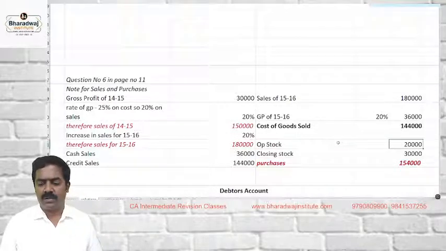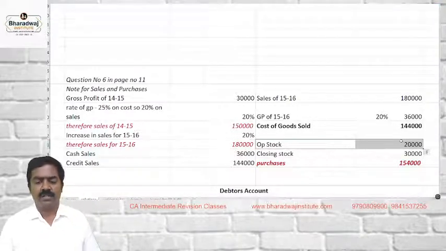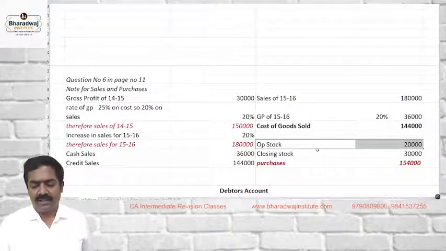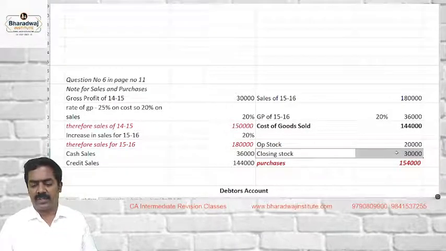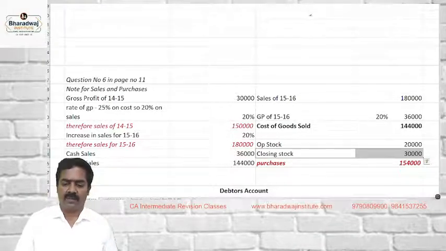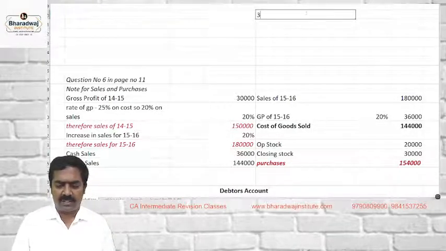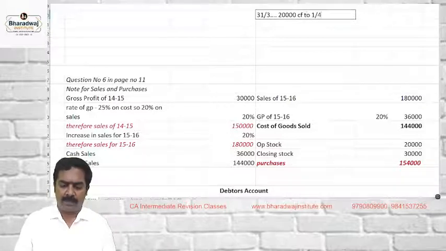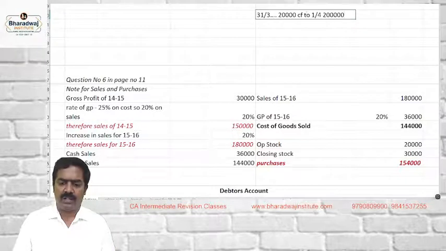Apply in the formula, opening stock plus purchases minus closing stock, you will get the answer. Opening stock is raised to 30,000. Yes. What was your opening stock? 20,000. Okay. That has become 30,000 from 1st April onwards, which means that continues to be the stock for the year. For example, last year you would have closed the books of accounts on 31st March. What was the stock? 20,000, that was carried forward to 1st April as 20,000.